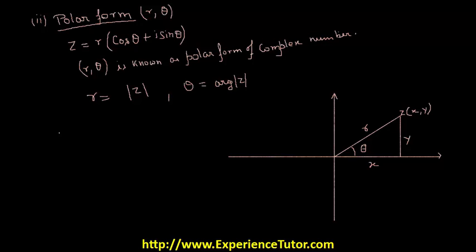In the given triangle, we have x is equal to r cos theta and y is equal to r sin theta.